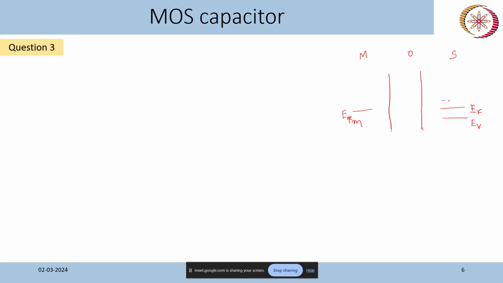Say this is Ei and this is Ec. Let's take this as the vacuum level. These are energies, so the potentials will be: this is the electron affinity, q psi.